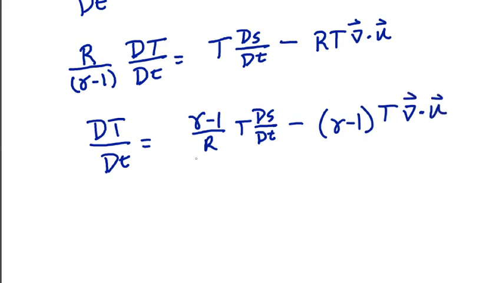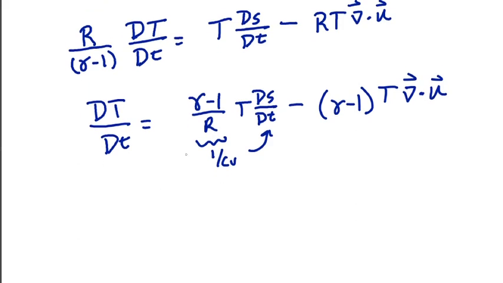This term here, 1 over CV, CVs come together with entropies to convert entropy units into a non-dimensional number. CV is ergs per Kelvin, energy per temperature. That happens to be the unit of specific entropy as well.